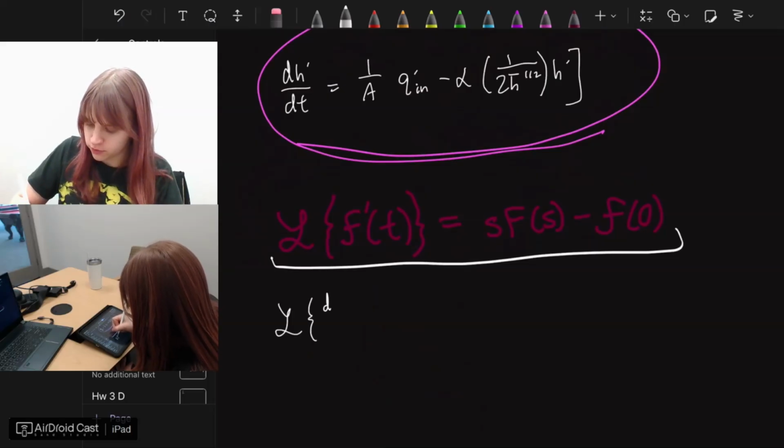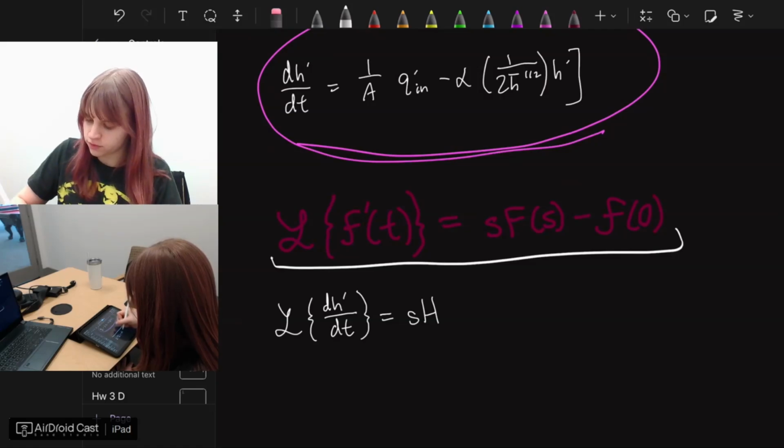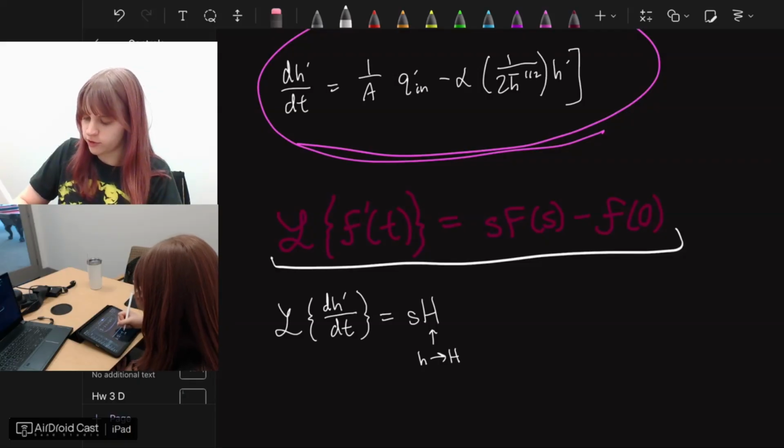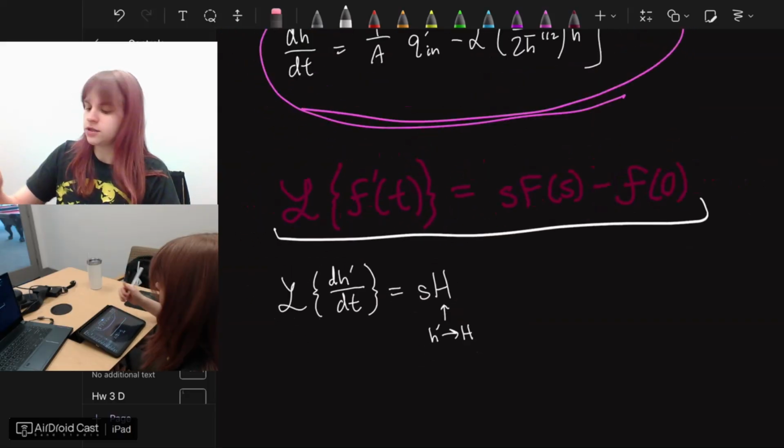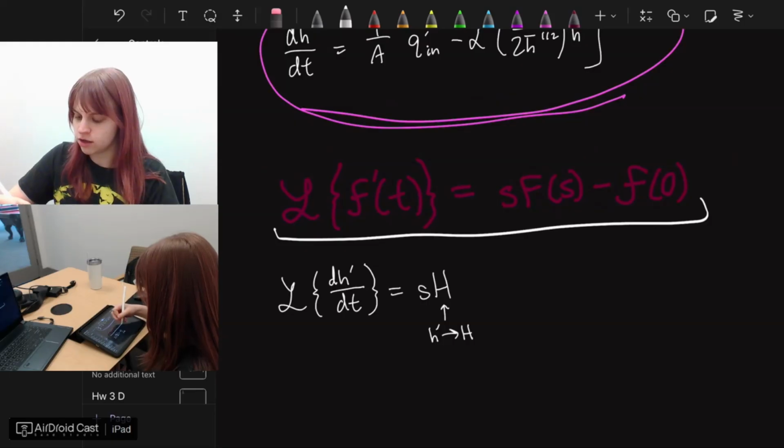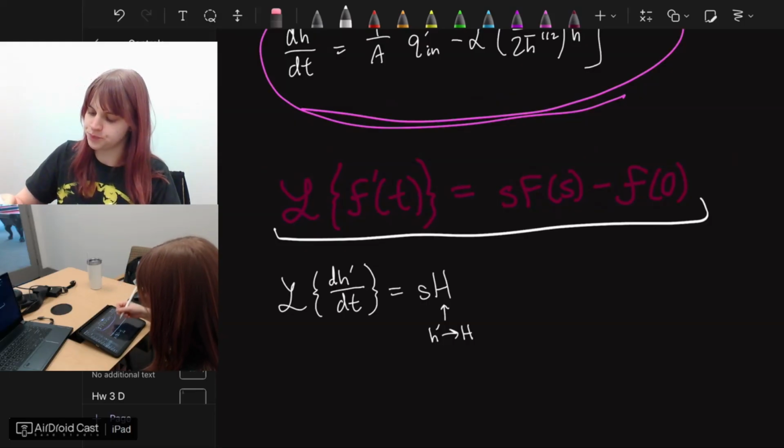Deviation variable differential. And so that would be sH. So this H is the Laplace transform of our height. So we're just switching that over to the convention of making that a capital letter.